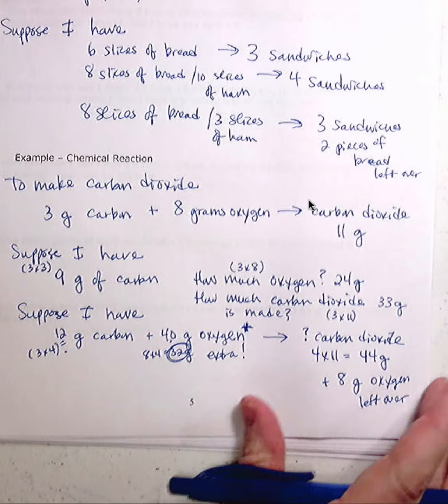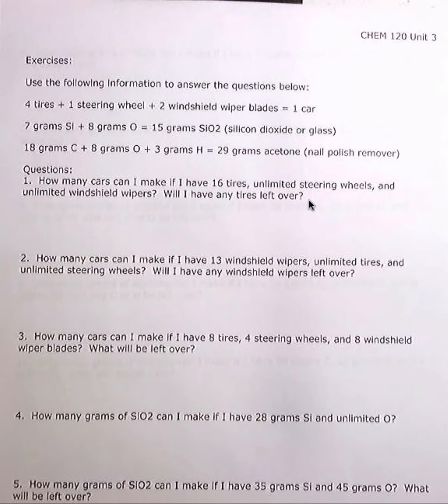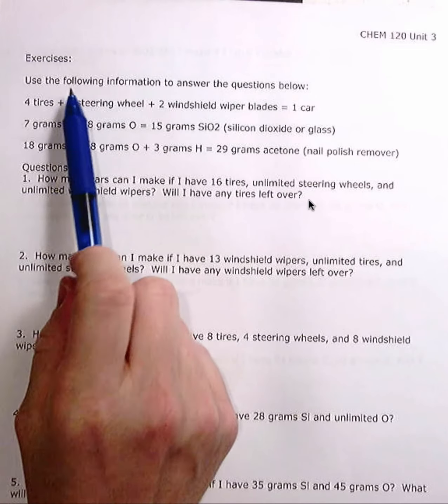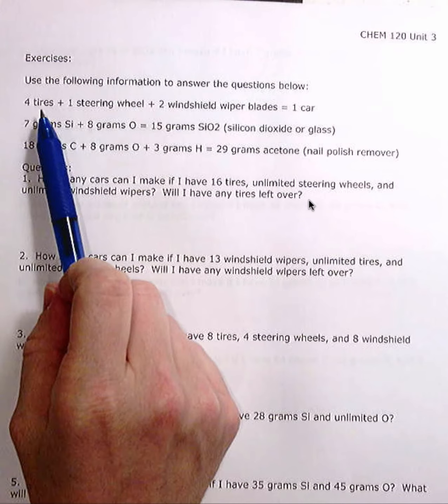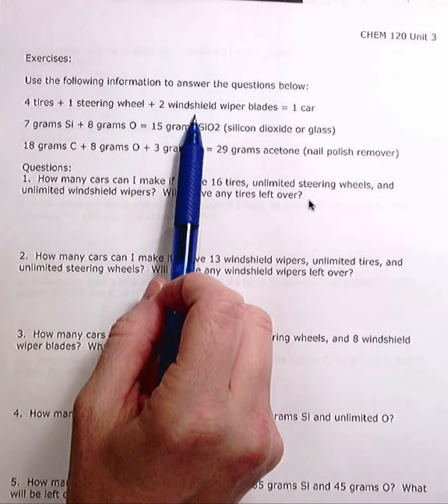Now on the next page, I have some exercises that don't necessarily involve chemicals. It's kind of nice. So that last example was maybe getting a little too complicated. So I have given you some information to answer these questions. So in order to make one car, you need 4 tires, 1 steering wheel, 2 windshield wiper blades.